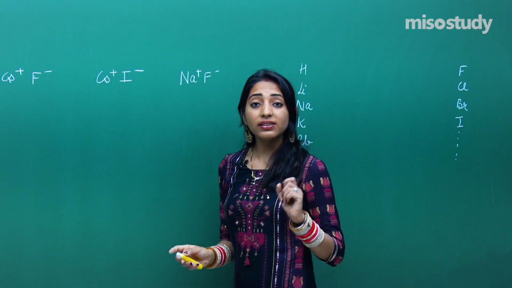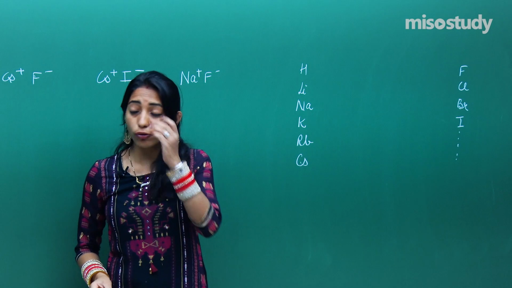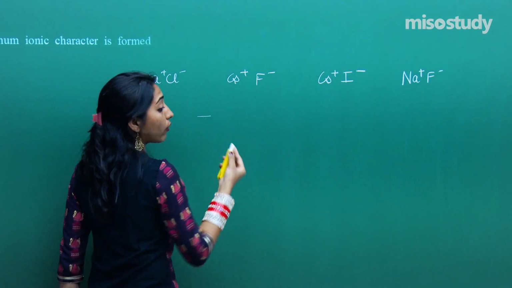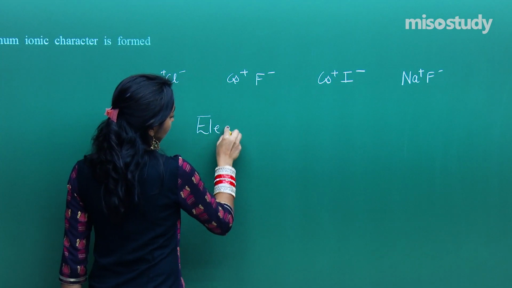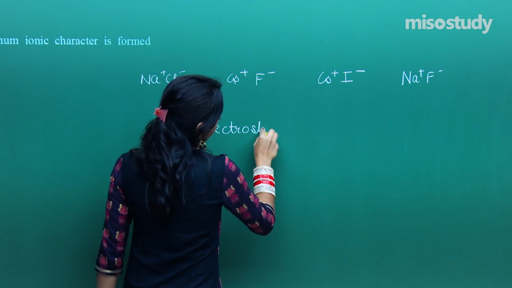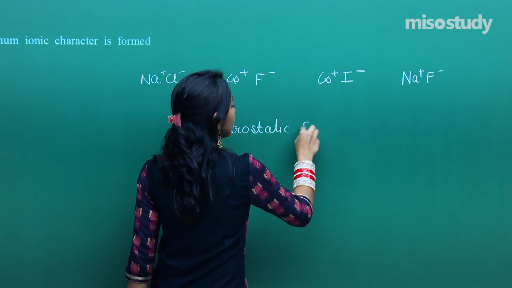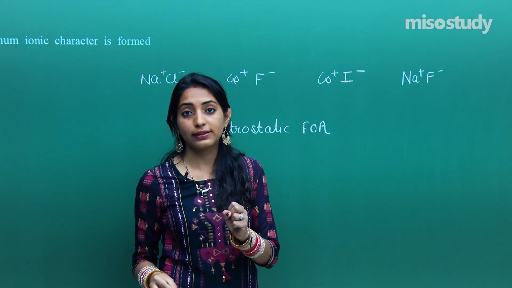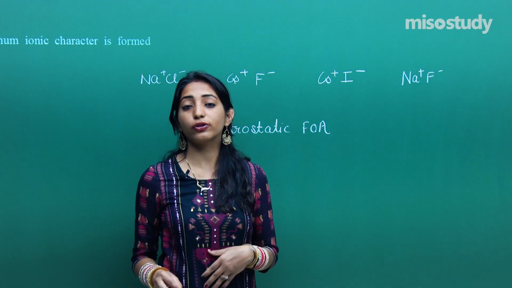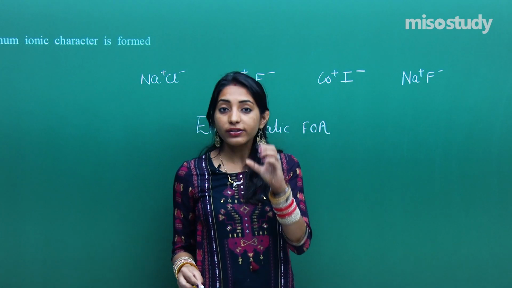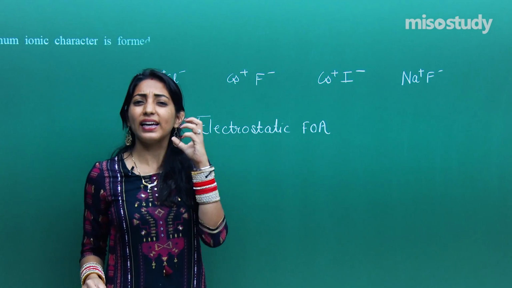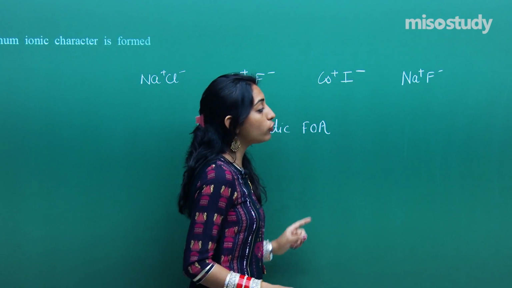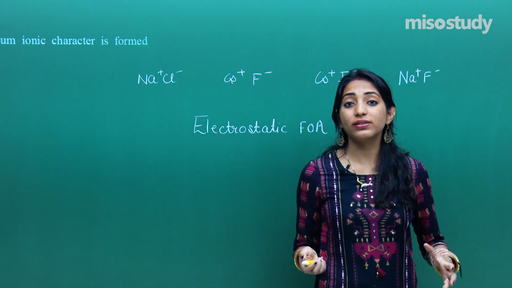Now you know, for the stability of an ionic compound, the electrostatic forces of attraction holding the cation and anion together should be the strongest. And how will the electrostatic force of attraction be strongest? When the cation is highly electropositive and the anion is highly electronegative. That means the cation should be made up of a highly electropositive metal.